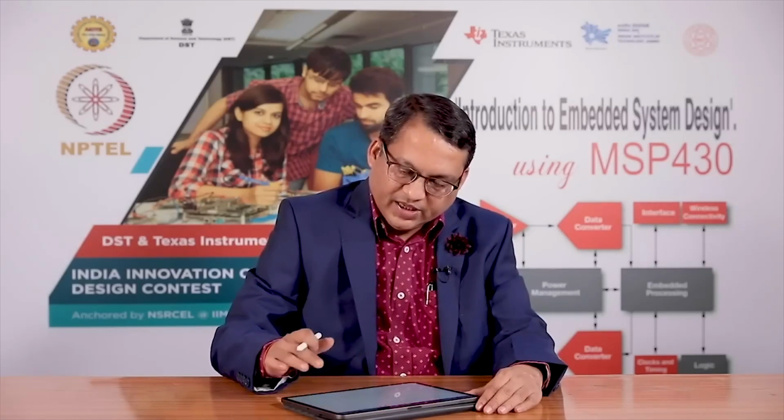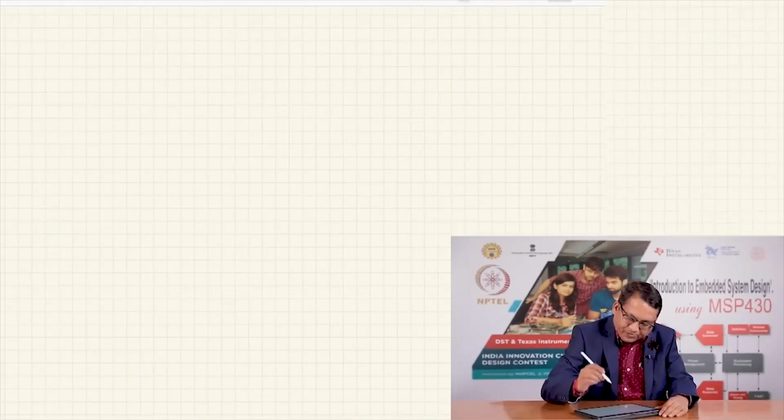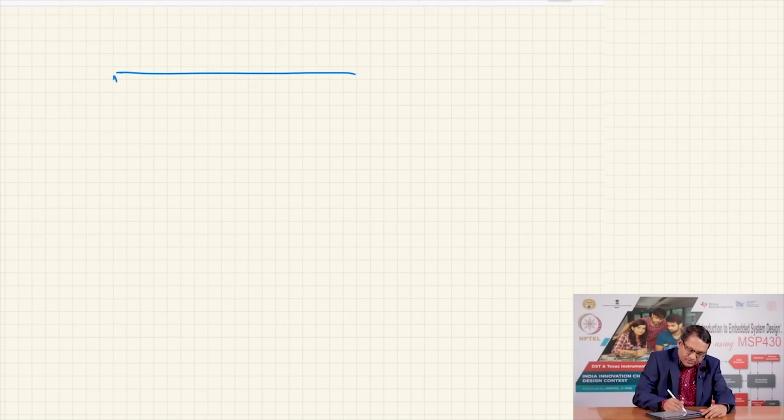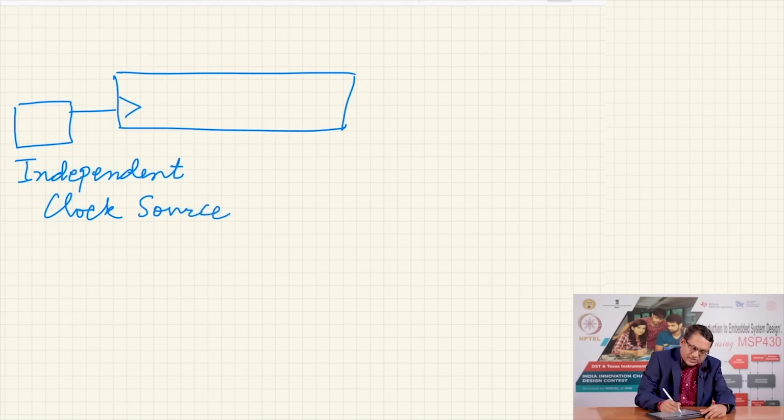Let me illustrate again with a small circuit diagram how it works. Imagine that you have a counter, and this counter can be fed with a clock source, and let us say it is an independent source of clock, and let us say this is an n bit counter.